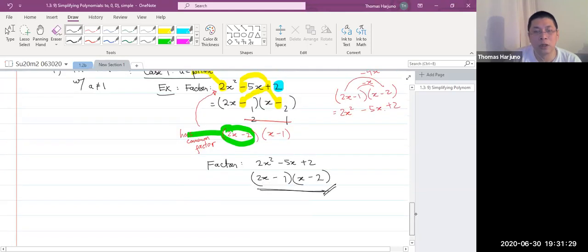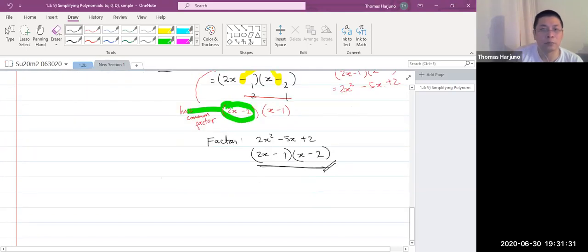Now, let's do a more complicated problem. Example 2, we want to factor, let's say 3x squared plus 4x minus 4.